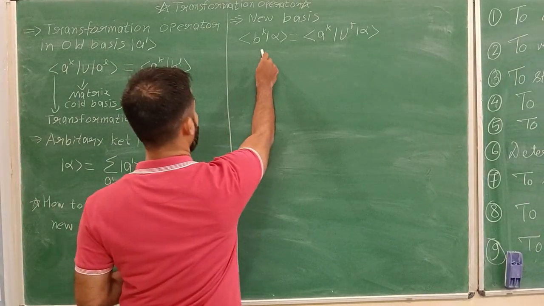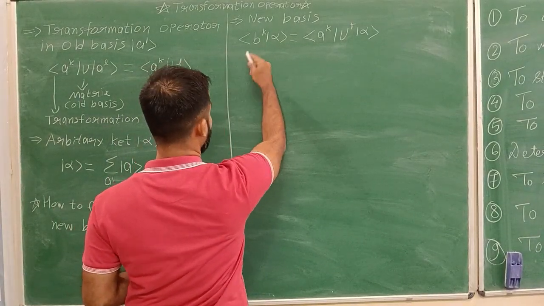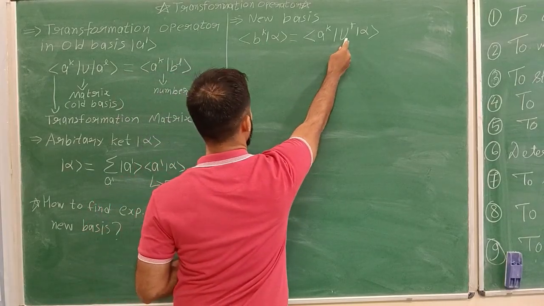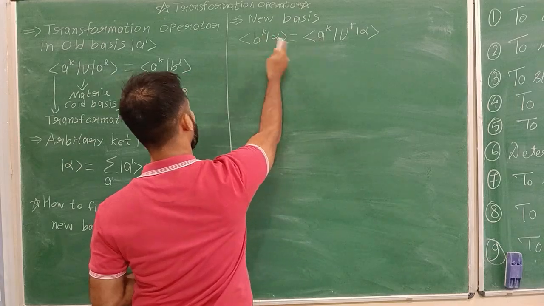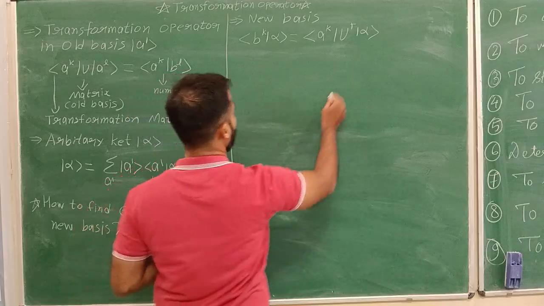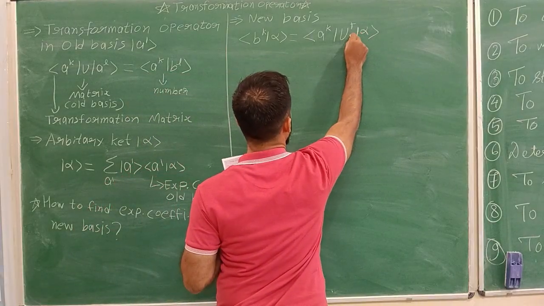So when I apply U on A, it gives me B. I can insert identity here.